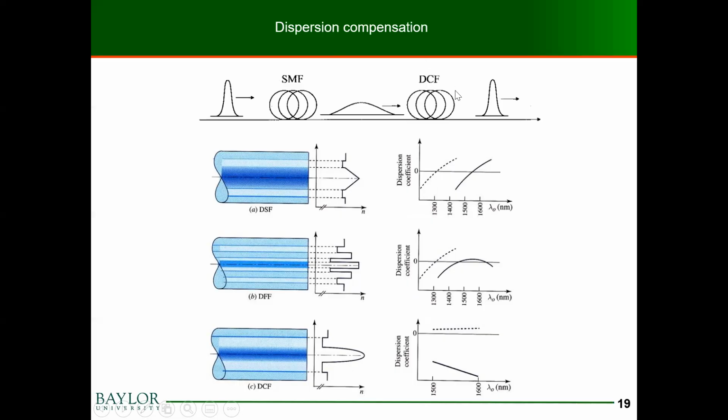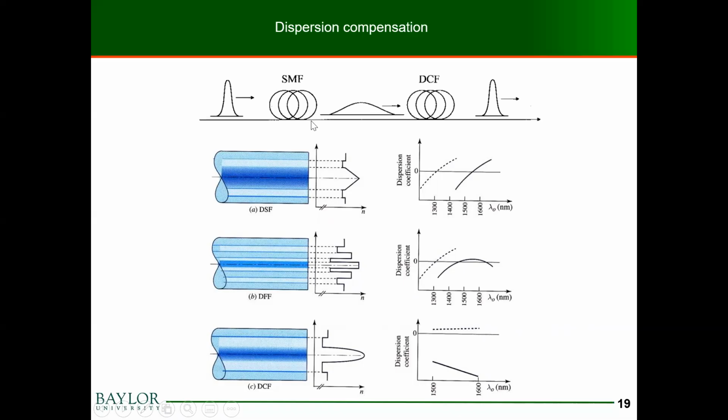Once you compensate this dispersion, you can come back to the original pulse. Basically, this is i K naught double prime omega z, and you add another K naught double prime omega z. So you can design different kinds of fiber.